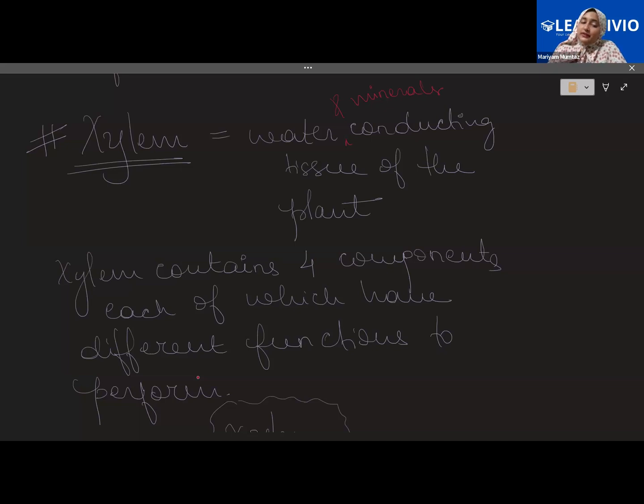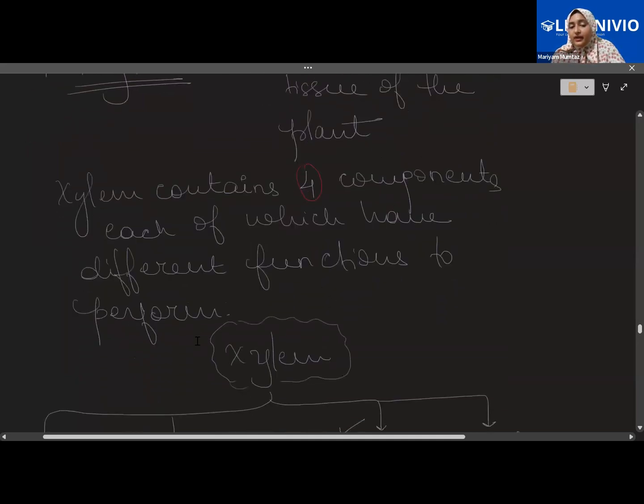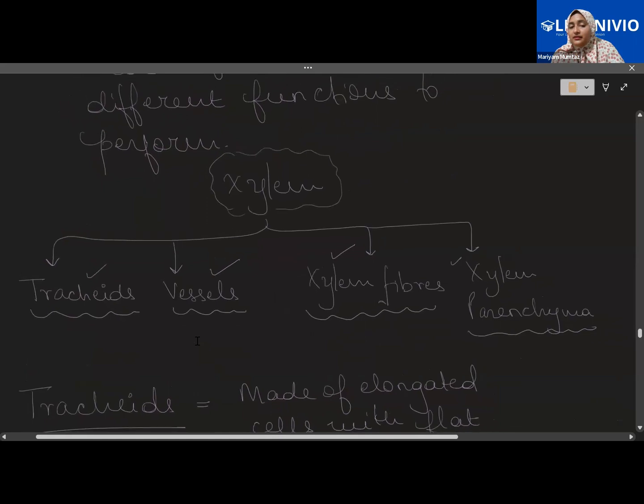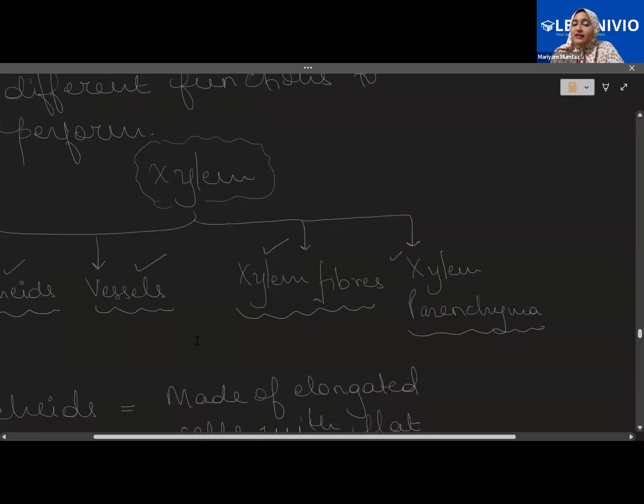They have different functions and different structures, but all in all, they together make the xylem. The components have been divided into four types: tracheids, vessels, xylem fibers, and xylem parenchyma. These are the four components of the xylem.